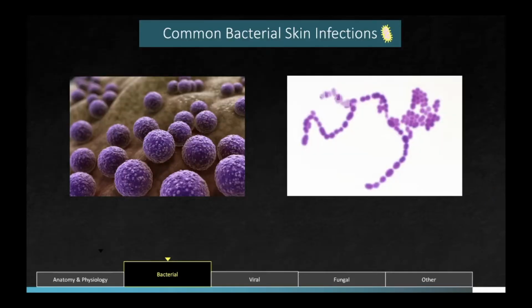Two of the commonest bacteria that can cause skin disease are Staphylococcus aureus and Streptococcus pyogenes. Staph aureus is carried by approximately 20 to 40% of people in their nostrils and less commonly in other sites such as the perineum, toe webs and axillae.